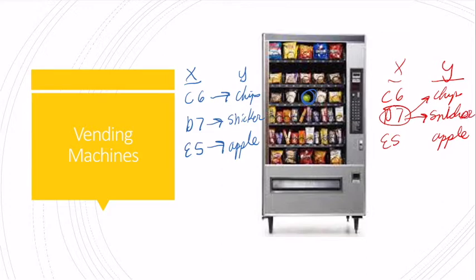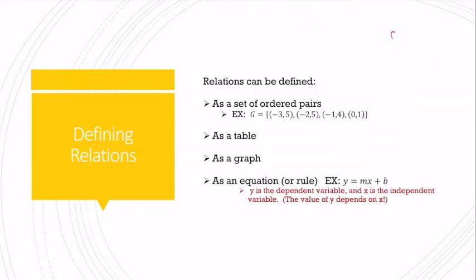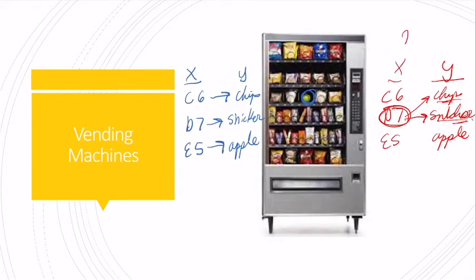You aren't going to get out chips and a Snickers. That's what you'd like to think, but you won't. What happens is your vending machine breaks down. This is not a function, right? This will not function. Meanwhile, in blue, this would function. Here, this x has more than one unique y value.